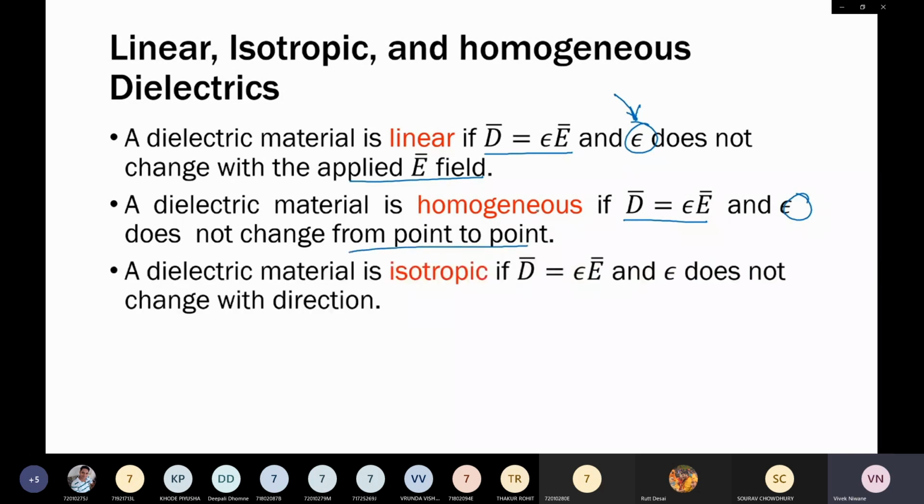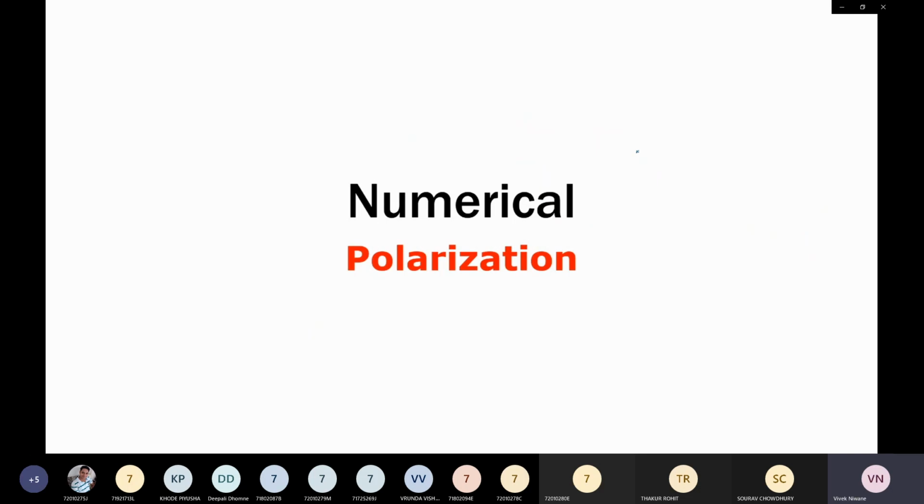A dielectric material is isotropic if once again D bar is equal to epsilon E bar and permittivity does not change with direction. Point to point, if you look anywhere it should be the same; if it is the same, then it is homogeneous. If in a certain direction it remains the same, but in some different direction it varies, then it is called anisotropic. Everything is in relation with the electric flux density, electric field intensity, and the property of the material, permittivity.